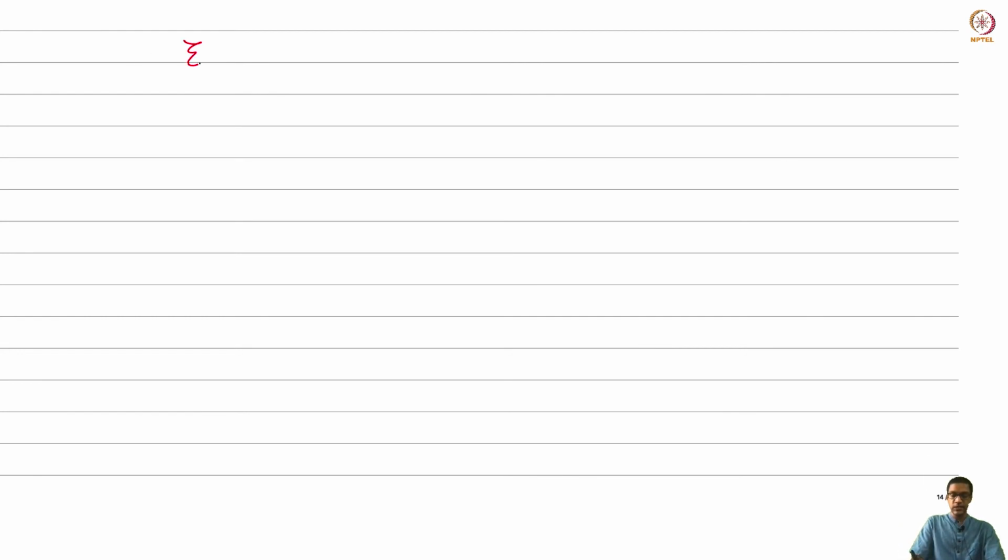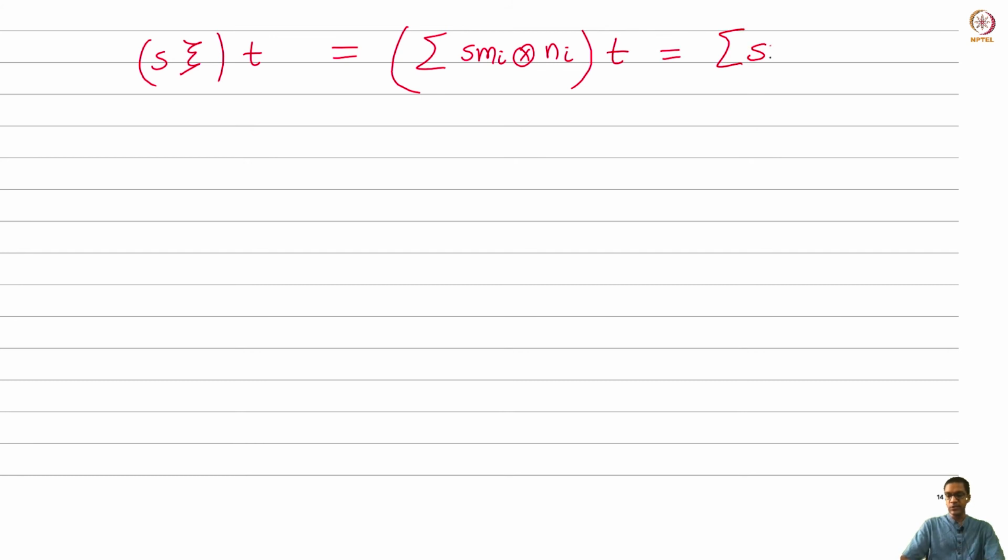Okay, so let's take this element xi, act first by S, then by T. Let's check. On the one hand, this is nothing but summation Smi tensor ni acted on the right by T, but T only hits the second component. So this is just Smi tensor nit. Observe that in some sense the S and the T have acted upon two different parts, the two different tensor components.